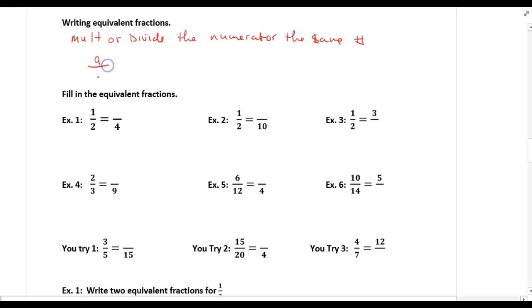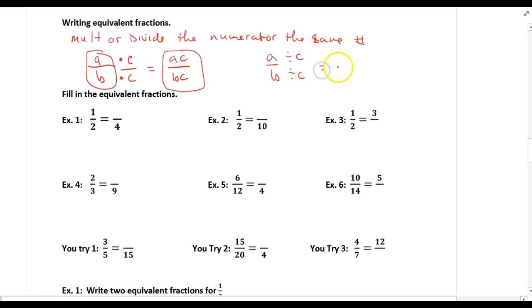If I have A over B, if I multiply the numerator by C, I'm going to multiply the denominator by C, and that would give me AC over BC. And this would create an equivalent fraction to A over B. I could also take A over B and divide it by C, and that would give me A over C over B over C. It's a little harder to understand. We'll make sense of it in a minute here.